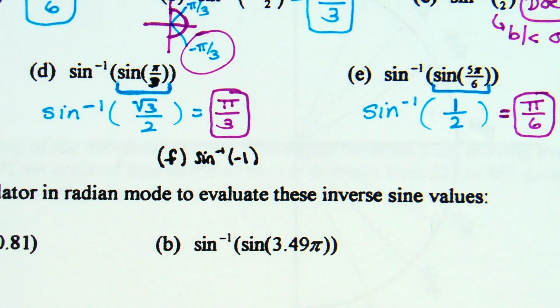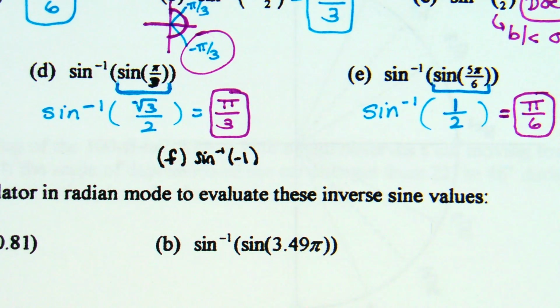Okay, F. Sine inverse of negative 1. Okay, so what do we know, guys? Where does sine equal negative 1?